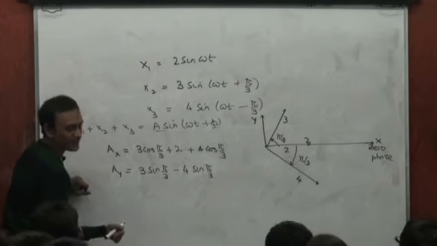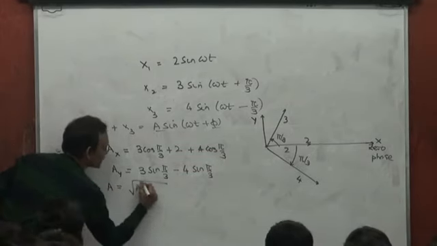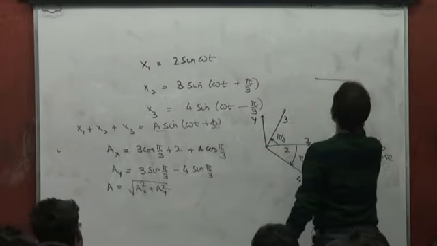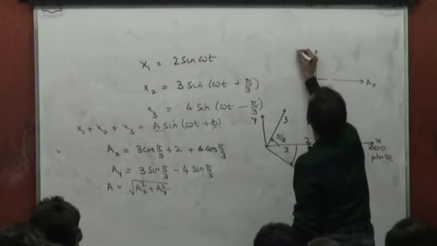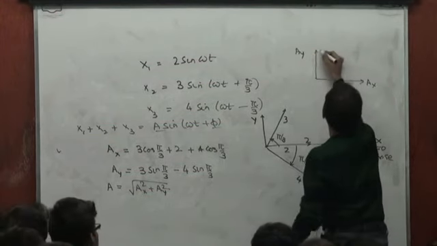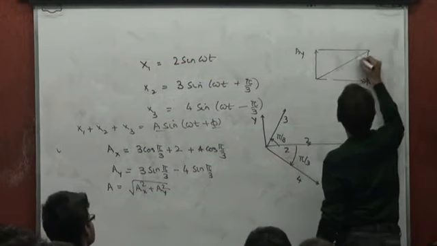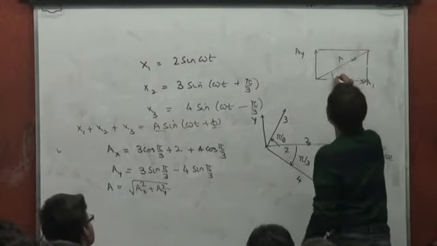So this is ax and ay. What's the resultant a? The resultant a is going to be root ax squared plus ay squared. So we have ax along the zero phase line, ay in the perpendicular direction, and a would be root ax squared plus ay squared, and this angle would be phi.